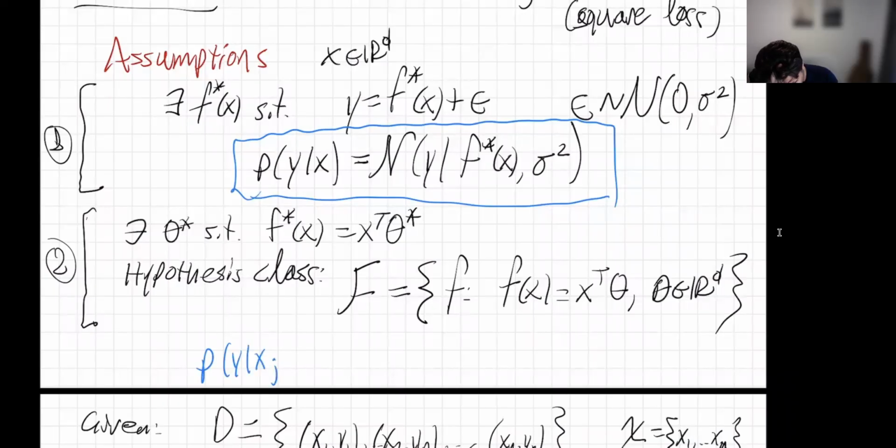We have a theta, and we have a sigma star. But let's assume that sigma star is fixed. Someone has told us what the value of sigma star is to make our life easier. Let's assume that sigma star is a given, because that's slightly less important here.